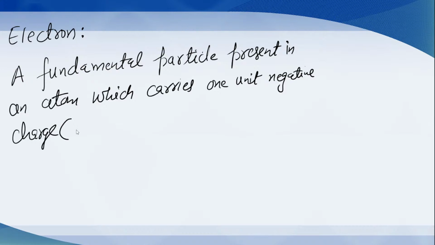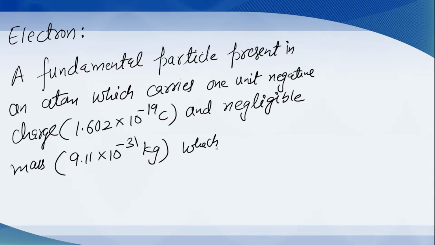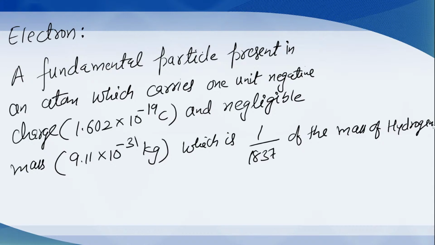One unit is actually 1.602 x 10^-19 coulomb, and it has negligible mass, of the order of 9.11 x 10^-31 kg, which is 1/1837 of the mass of hydrogen.